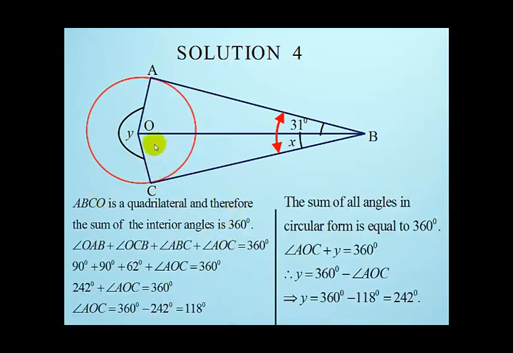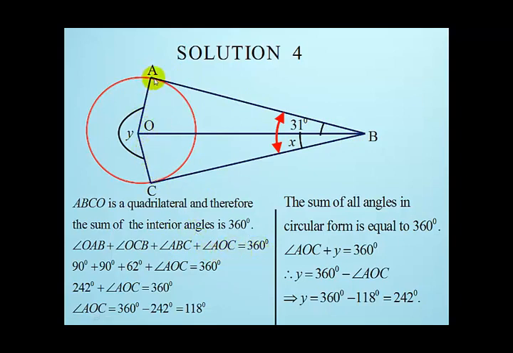Now, ABCO is a quadrilateral, and the sum of the interior angles is 360 degrees. So angle OAB, the 90 degrees angle, plus angle OCB, plus angle ABC, plus angle AOC, the angle at O, is equal to 360.